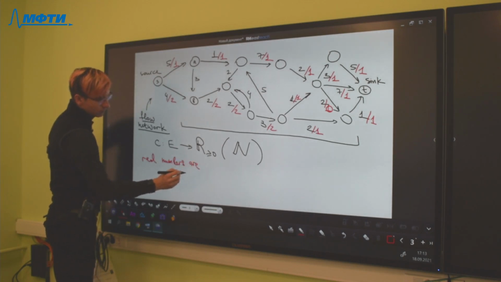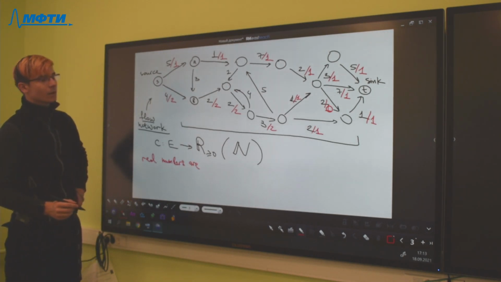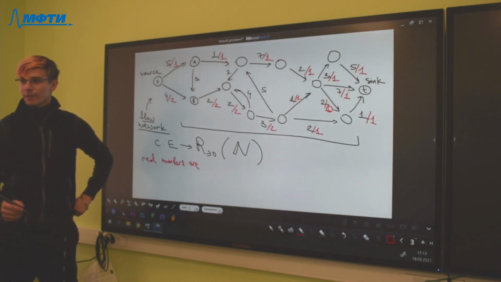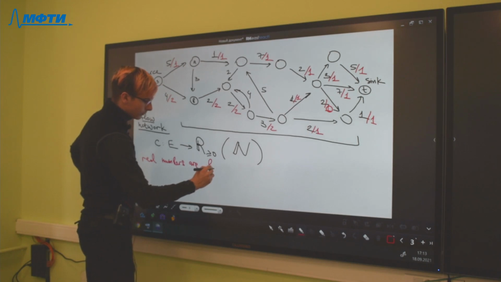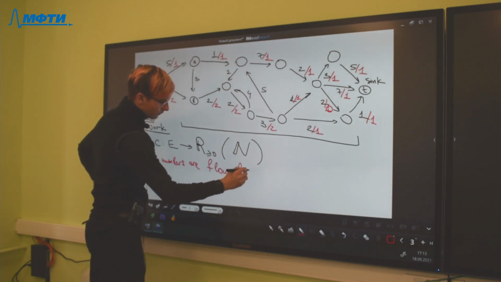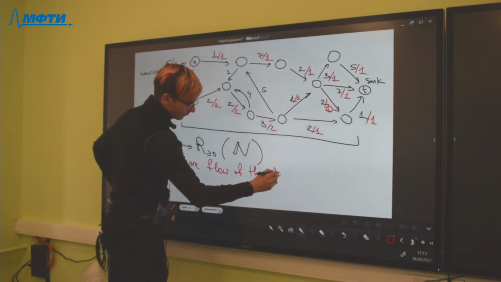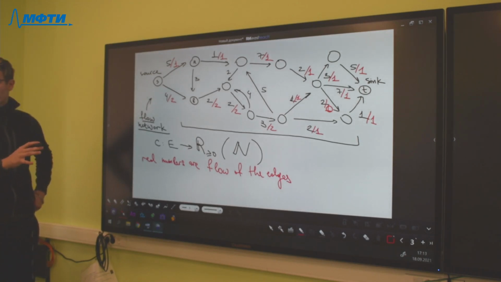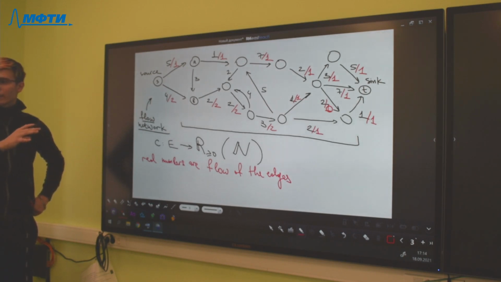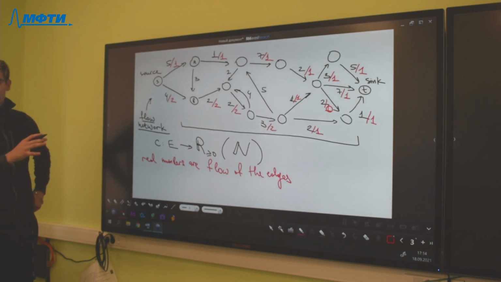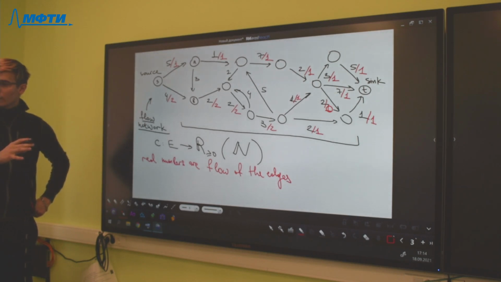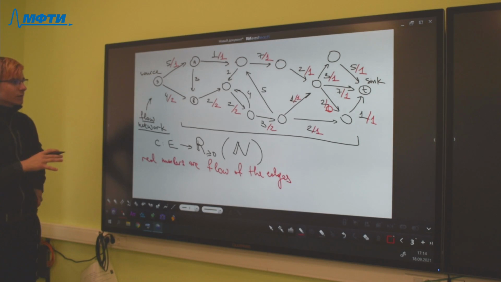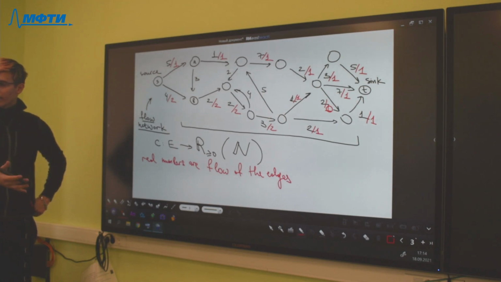The black numbers are just random numbers? No, they are capacities of the edges. You get a flow network initially, and the flow network has capacities of each edge. You don't need to work out what the capacity of the edge is. You get it like all of the graph.